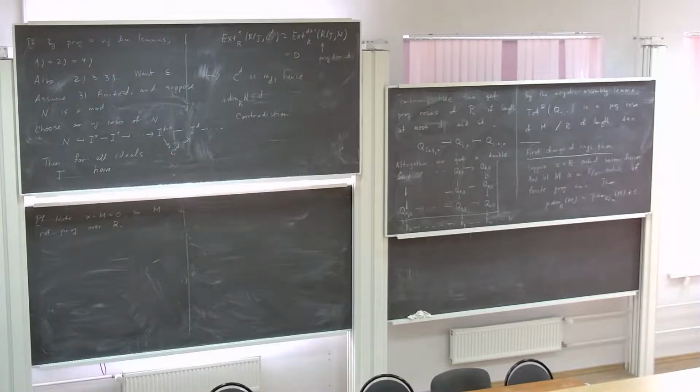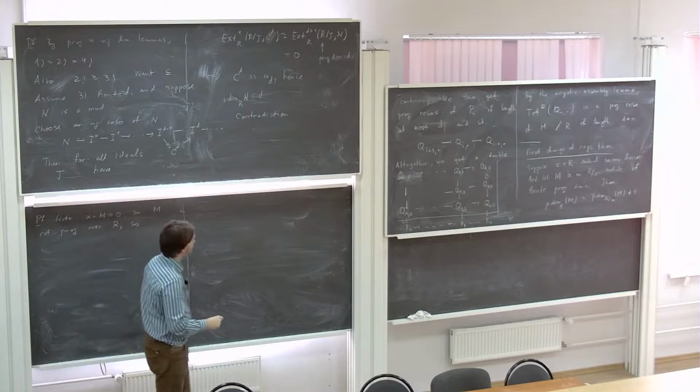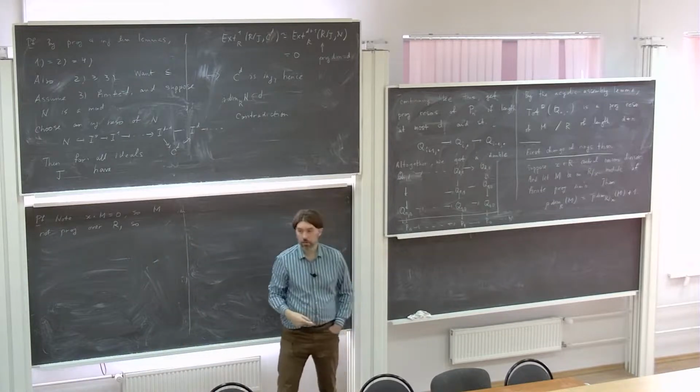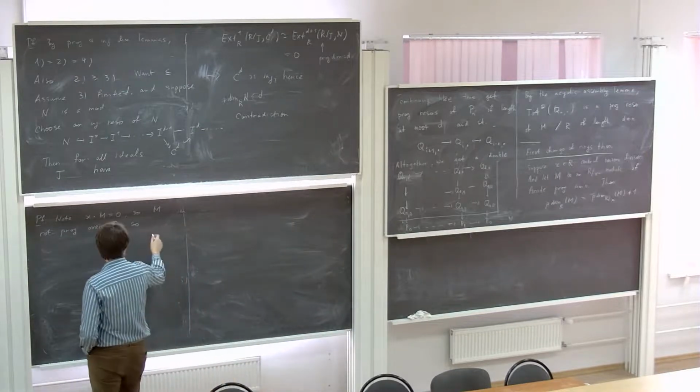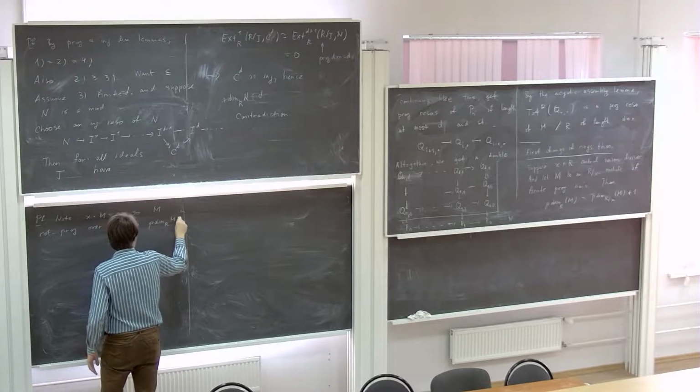But if it were projective, it would be a summand of a free module and would have no Tor. So whatever appears on the left-hand side is at least 1, so the projective dimension over R is greater than or equal to 1.